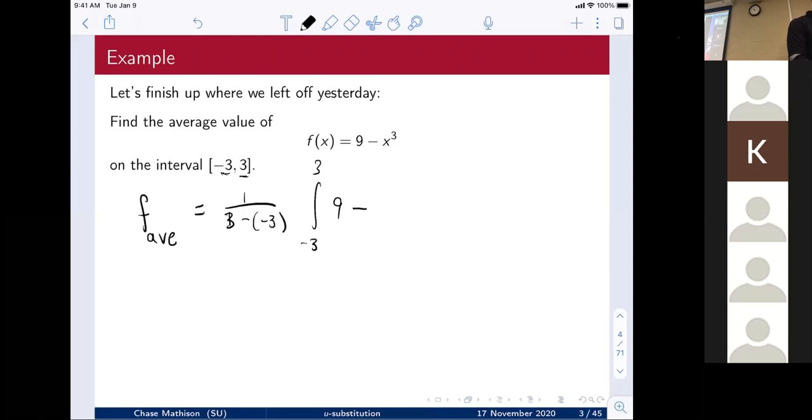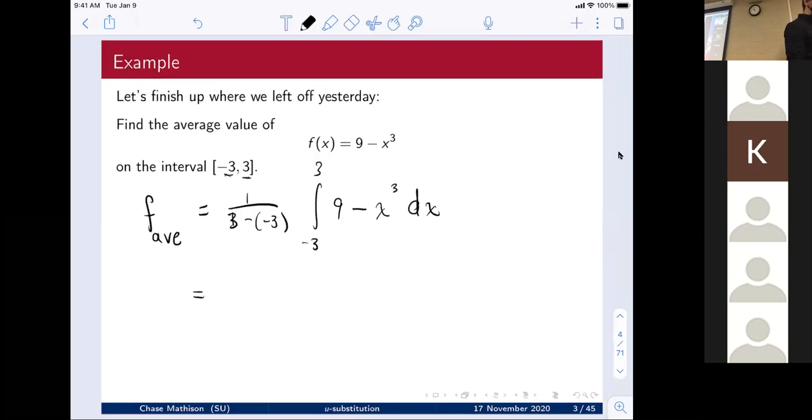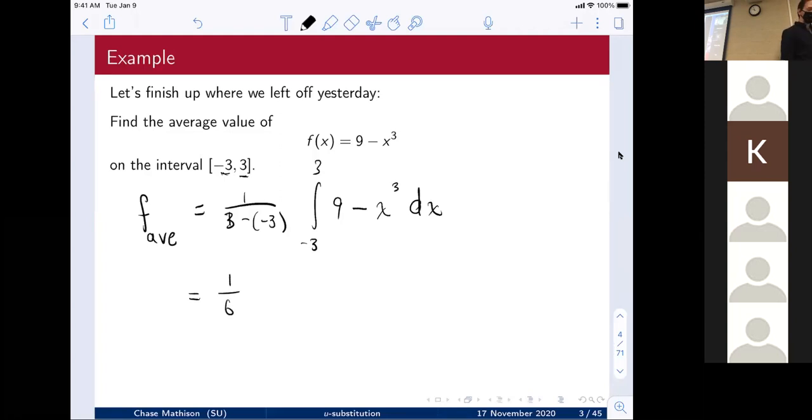The integral from -3 to 3 of 9 minus x cubed dx. Very good. So then we just need to actually work out this number. So this is equal to 1 over 3 minus -3. That's 1 over 3 plus 3, which is 6, or 1 over 6 rather.